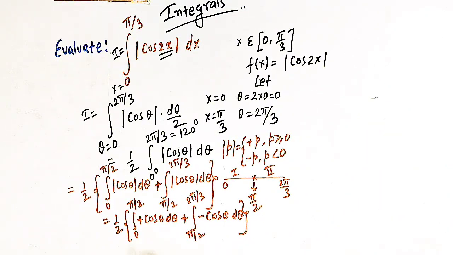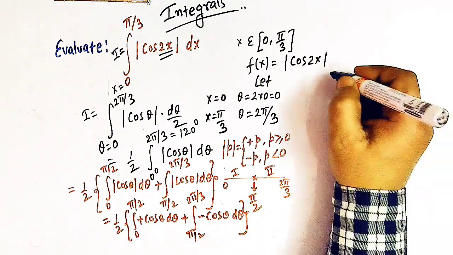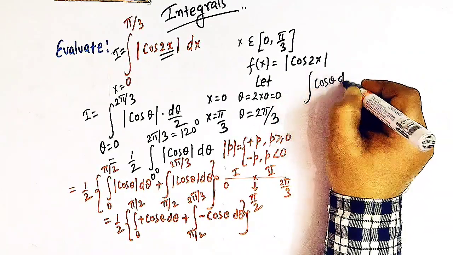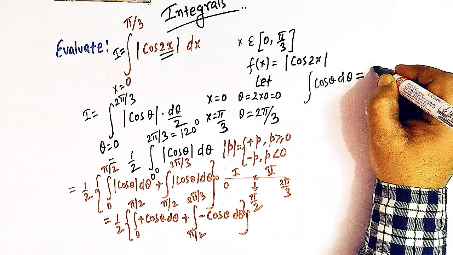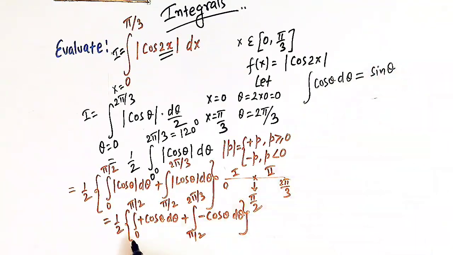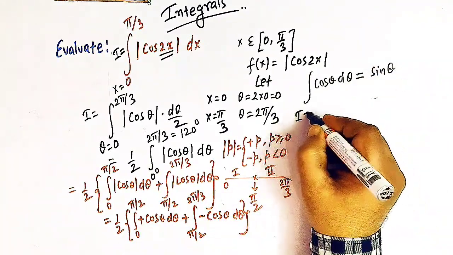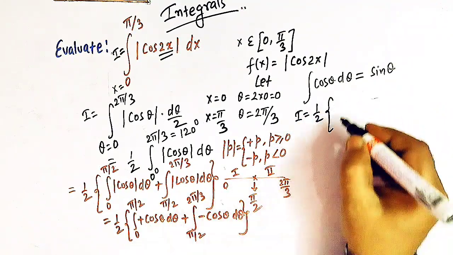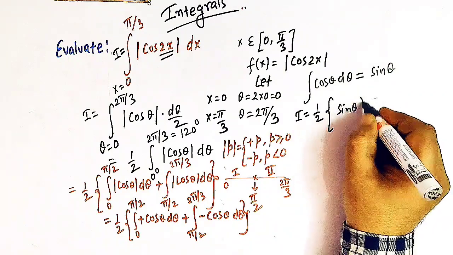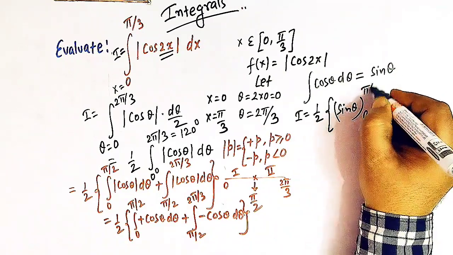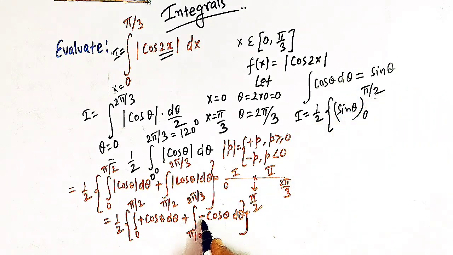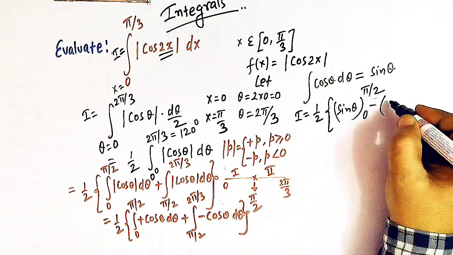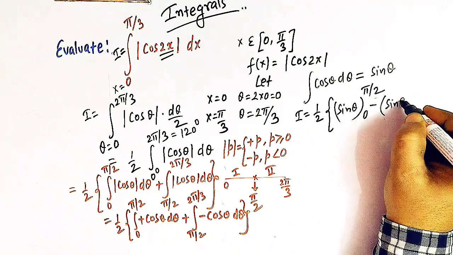So now we have to solve these two integrals, and we know that the integral of cosine theta is given by sine theta. So here we have I is equal to half, and then the integral of cos theta is simply sine theta. Limits are from 0 to pi by 2, and here we'll take this negative sign outside, and then the integral of cos theta is sine theta.